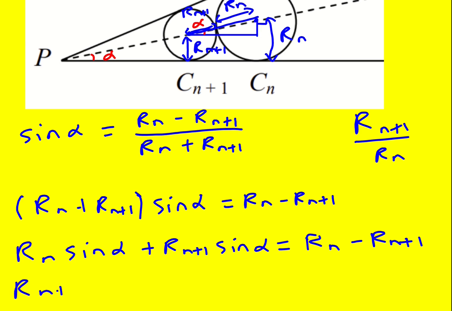So we can add Rn plus 1 onto the left-hand side and factorize out 1 plus sine alpha. And then subtract Rn sine alpha from both sides and factorize out the Rn, and we'll get 1 minus sine alpha.